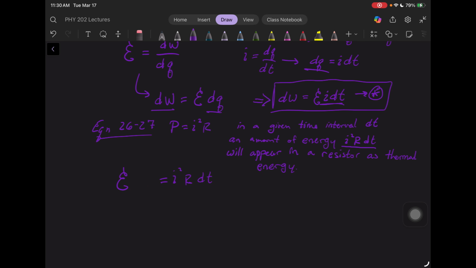So we have dq is equal to I dt, and then there's an I here, an I there, a dt here, a dt there. And so we can rewrite this as E is equal to IR. Right? Which should be strikingly similar, right? We had Ohm's law, which told us V is equal to IR. And we said the EMF is pretty much the same thing as V. I mean, there's slight nuances there, but in general, it's the same thing. And so we get Ohm's law out of this.